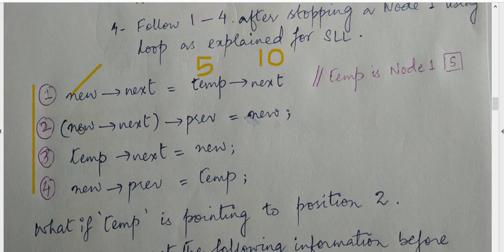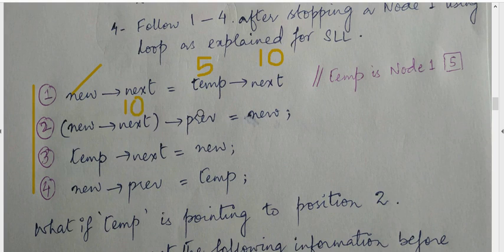Now, what is new? Look at it this way. In new to next, you have the address of 10. Your new to next is now 10 after step 1.